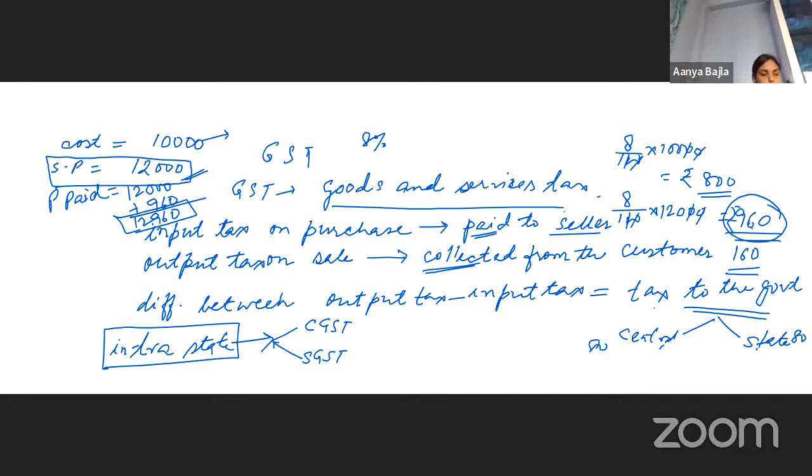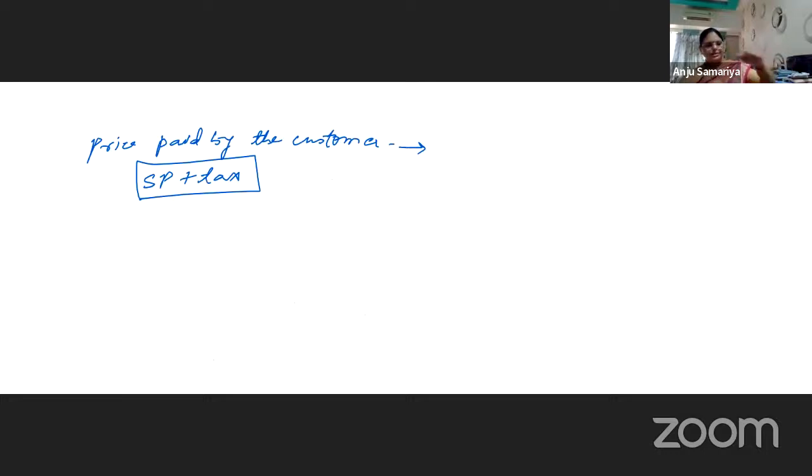Yes. Let us quickly revise. What all we have learned. So we have learned that tax are two types. Number one, which is the tax which is collected, which is paid to the seller.